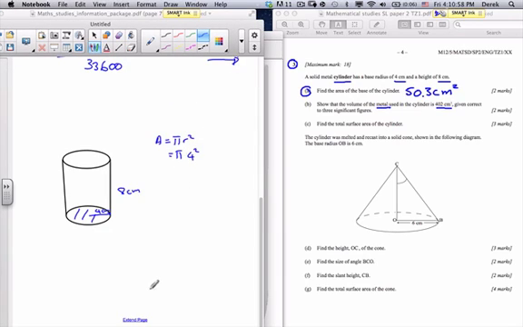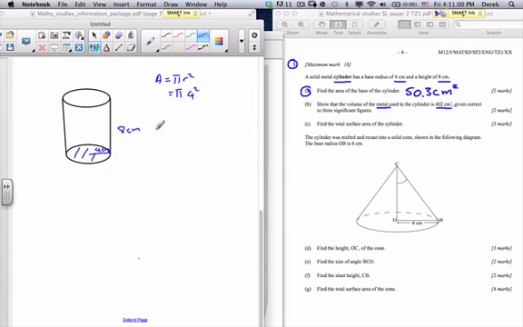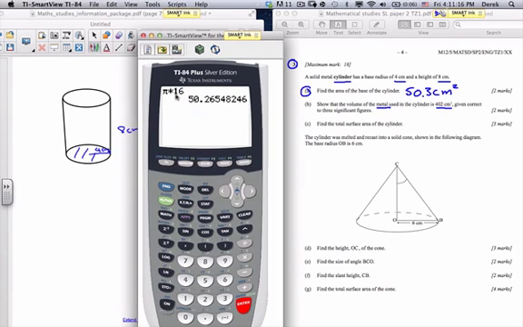So our volume is going to equal pi r squared times the height, which is obviously going to be pi times 4 squared times 8. And so when going into our calculator, we're actually going to multiply this by 8, because that's our pi r squared there.